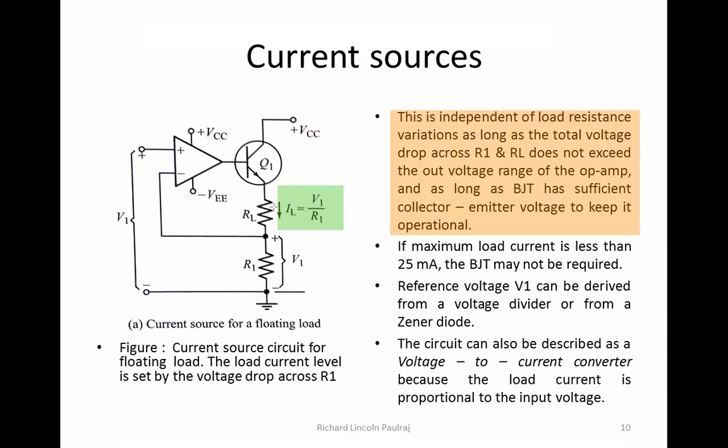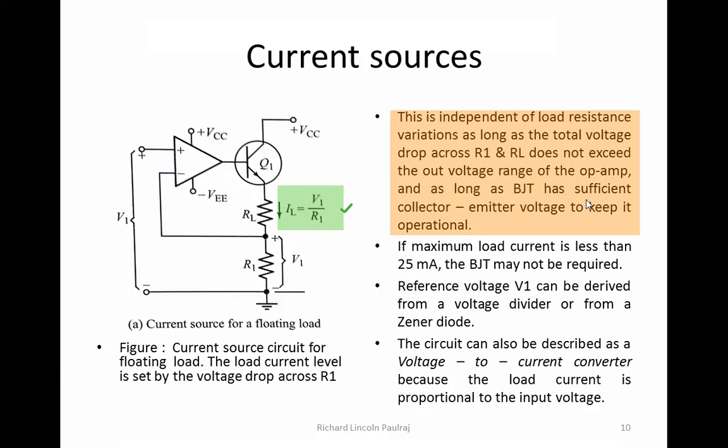It's obvious: if a lot of drop occurs at these resistances, of course it's going to impact my output. So drops are always to be made as low as possible. Only then will this concept work out.